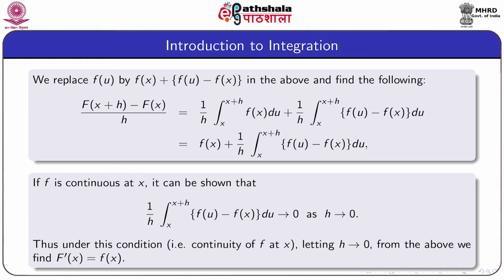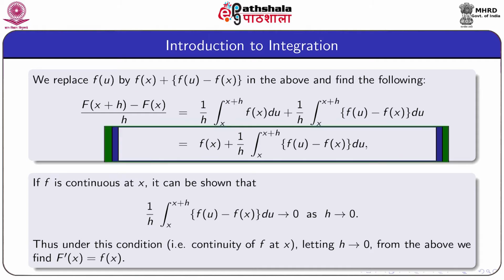From this we have capital F of x plus h minus capital F(x) divided by h equals small f(x) plus 1 upon h integral x to x plus h f(u) minus f(x) du.